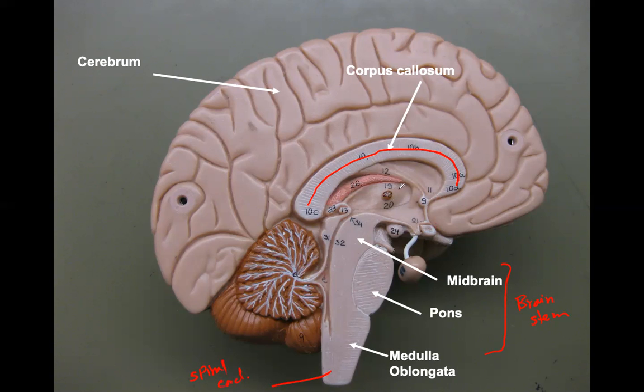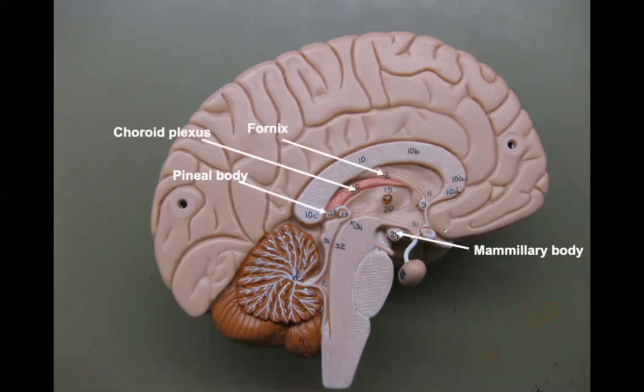Now again, helping you remember some of the terminology, this oval-shaped structure is your thalamus. Here is your hypothalamus. And here's the optic chiasm, and the extension off of that one is the optic nerve. We also have, as part of the hypothalamus, a structure called the mammillary body, which acts as a relay station for your sense of smell.